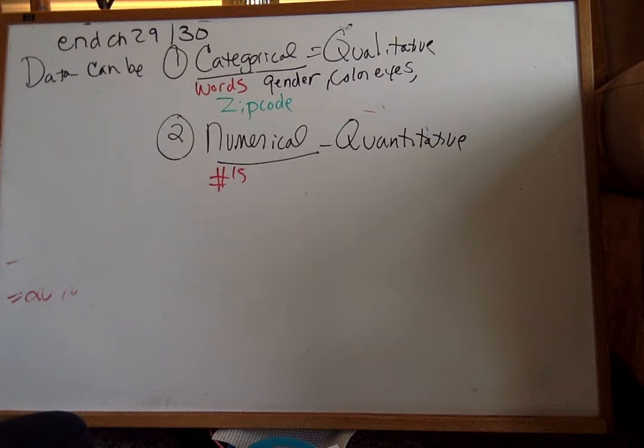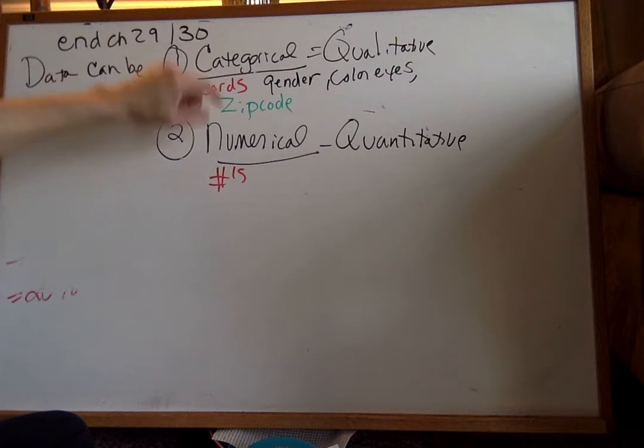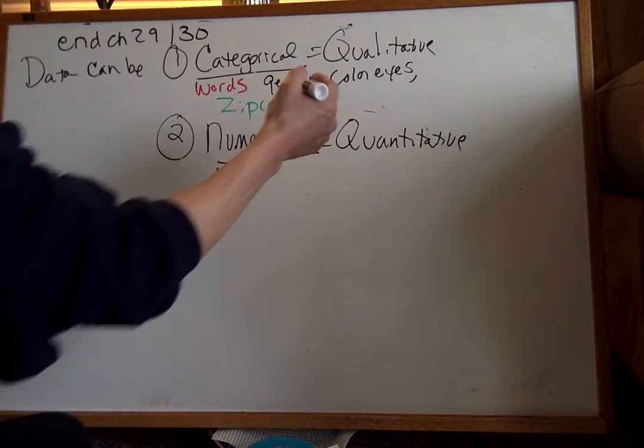So if you ever get a weird one and you're trying to decide what type of data, ask yourself, would calculating the average zip code make sense? Would I add up 5 zip codes and divide by 5 and state the average zip code? Yeah, that does not make a bit of sense, right? Zip code is really just representing a land mass or something. So zip code is categorical.